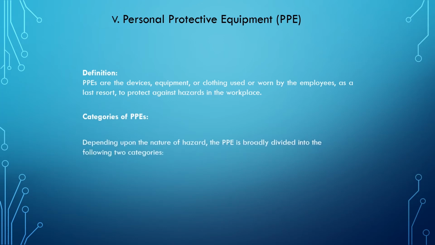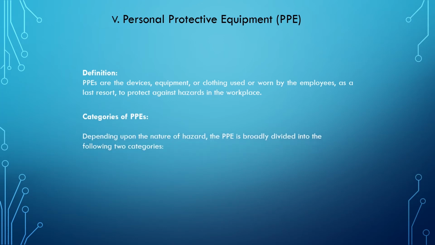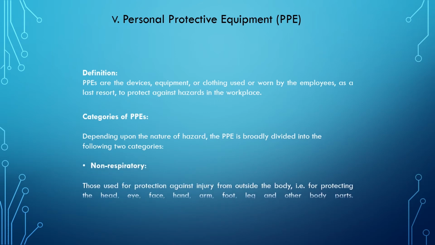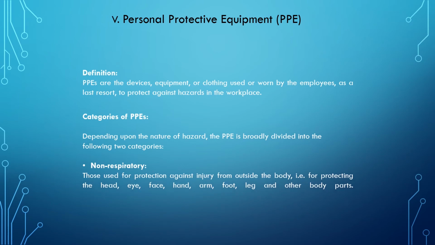Depending upon the nature of hazard, the PPE is broadly divided into the following two categories: non-respiratory, those used for protection against injury from outside the body, i.e., for protecting the head, eye, face, hand, arm, foot, leg, and other body parts. Respiratory, those used for protection from harm due to inhalation of contaminated air.